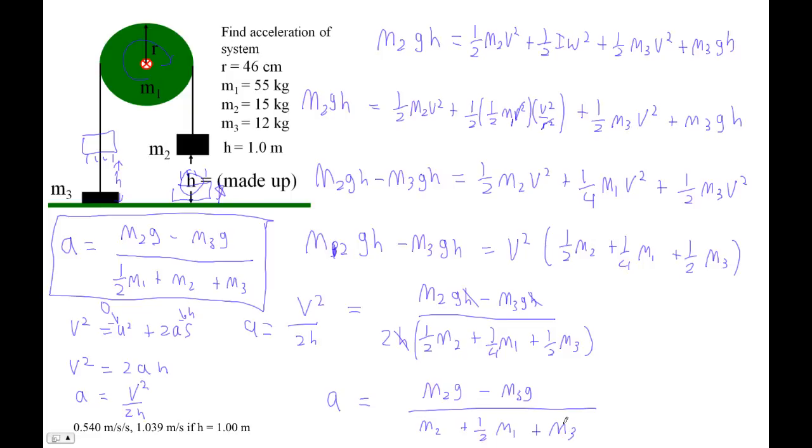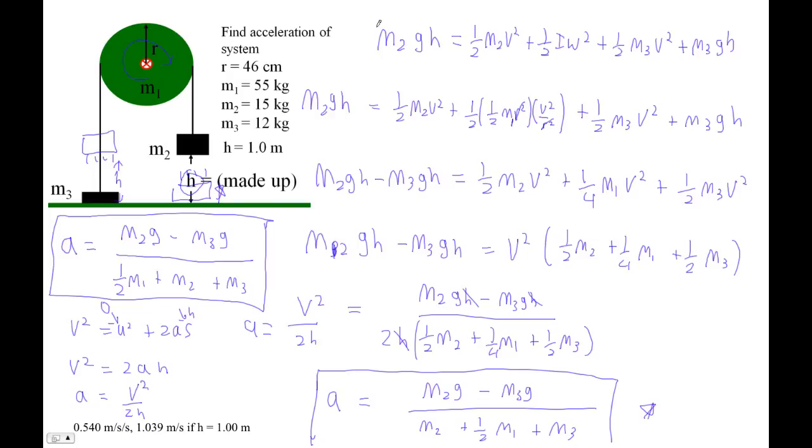Aha! Voila! If I invoke the commutative property of addition, we can see that the denominator and numerator are exactly the same. I can plug these numbers in and get that acceleration. I could have used this expression before I divided by 2h and gotten the velocity. It all works. I'm going to say that energy is the bomb for this.